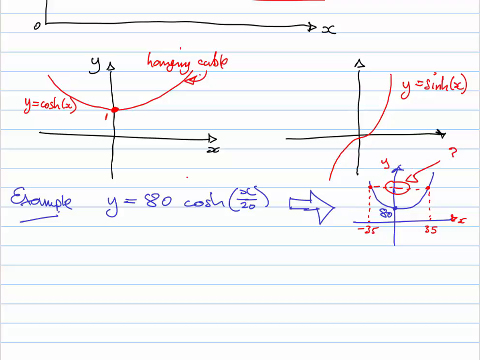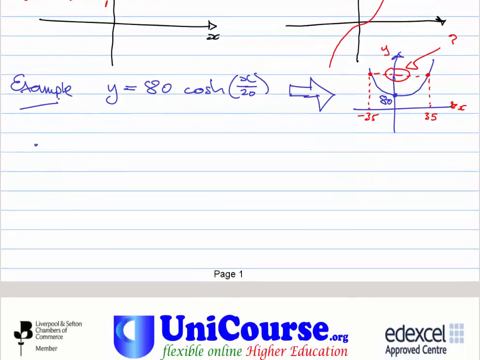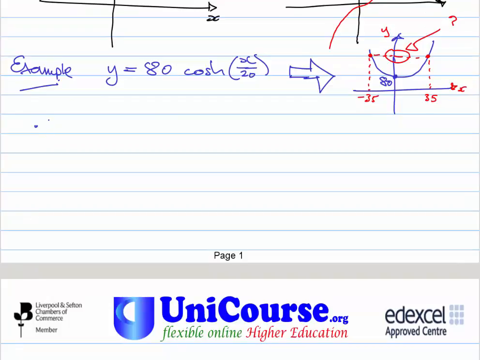Okay, we'll put it more formally. Here's the question again. Let's scroll down slightly. So what's y when x equals 35? Okay, a couple of ways you can do that.